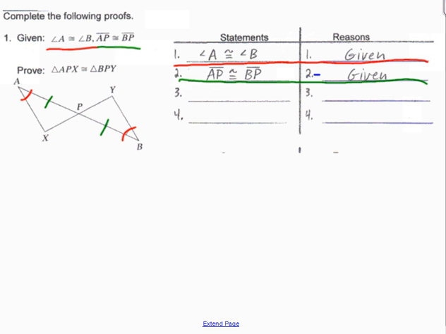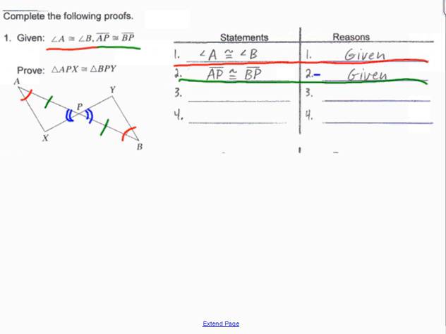So just like the other day, remember we talked about vertical angles. Remember when you organize those triangles on your desk, you can assume those two angles are congruent because of the vertical angles.